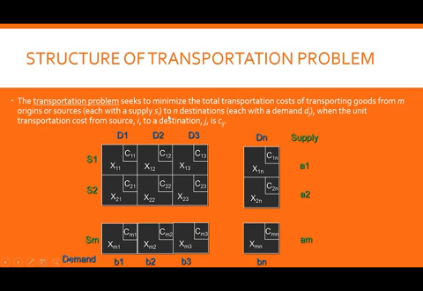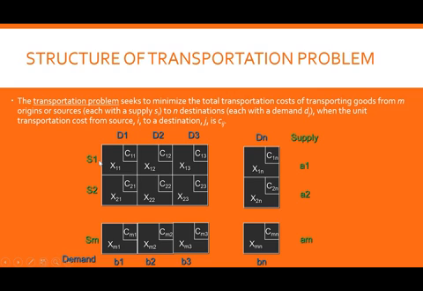Similarly, I have N destinations, D1, destination D2, destination D3, so on up to destination Dn. I have M different sources and N different destinations.